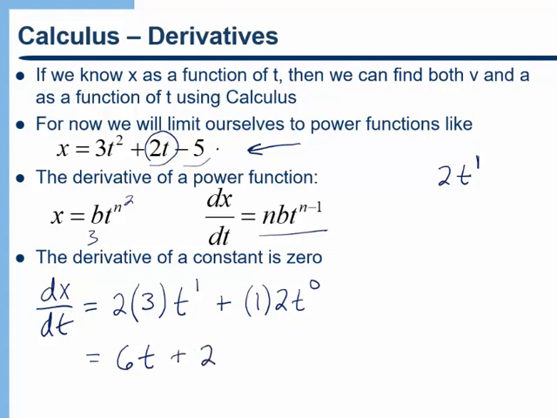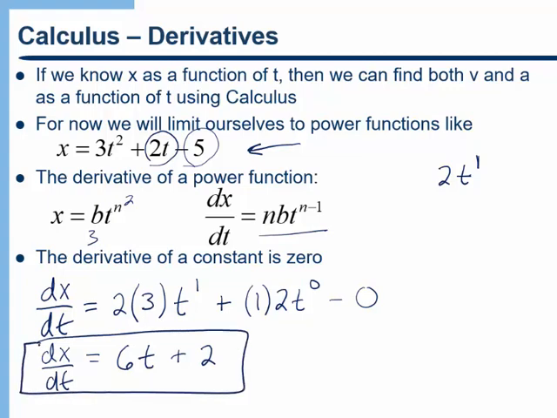And then finally, the derivative of a constant is 0, and so my final answer for the derivative, dx/dt, is 6t plus 2. Now remember, the derivative is the instantaneous velocity, so this would allow us to calculate the instantaneous velocity at any time t.